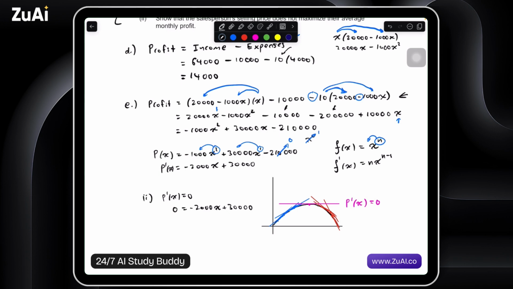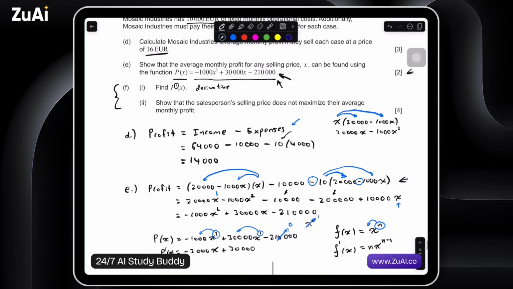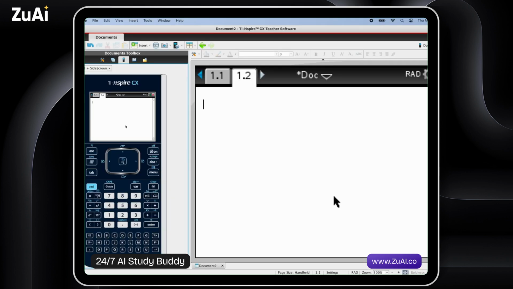But if you want, you could also just graph the original function and find the maximum. For visual sake, I'm going to graph it, and that's how we'll solve it. So let's go to the calculator screen and graph the original function.